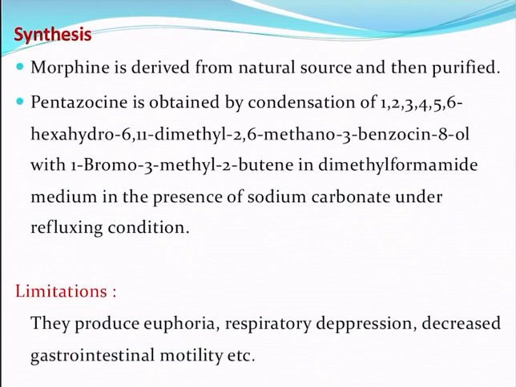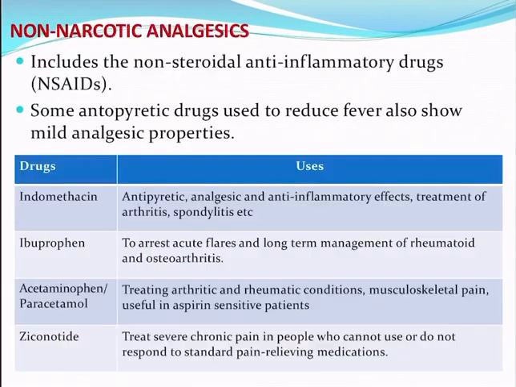We might feel difficulty in respiration, and there is decreased gastrointestinal motility. Next is increased biliary tract pressure, that is increased secretion of bile juice, etc. So these are some of the limitations of narcotic analgesics.